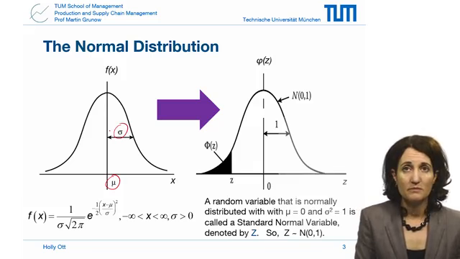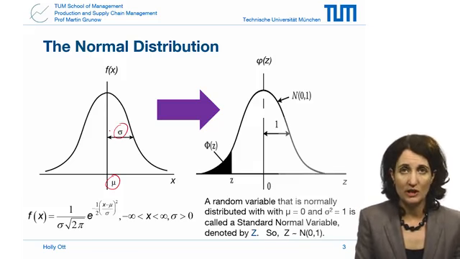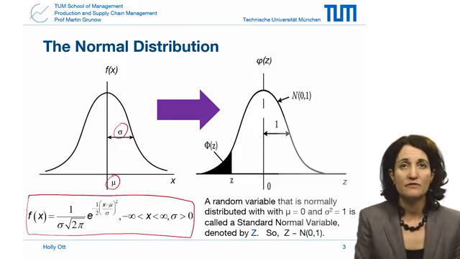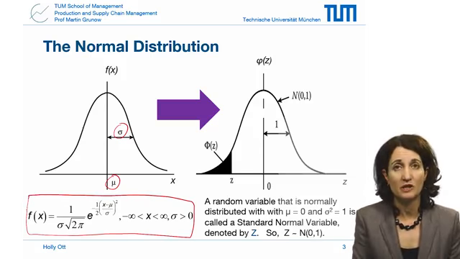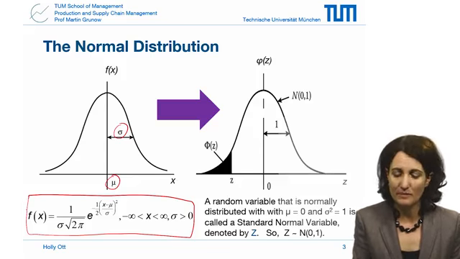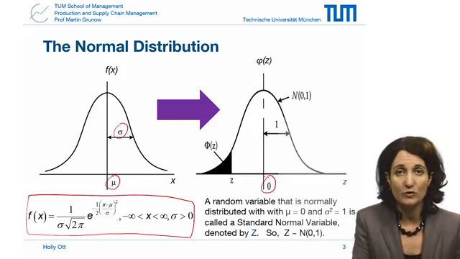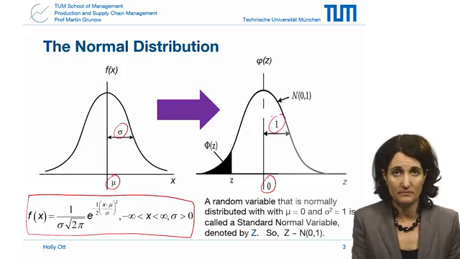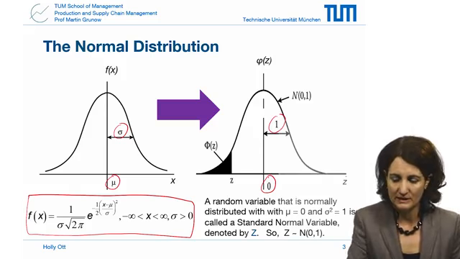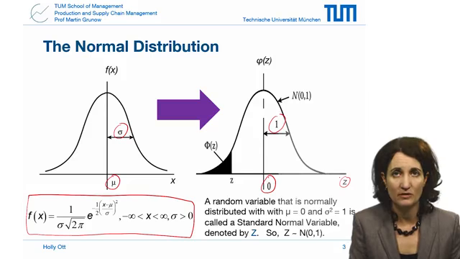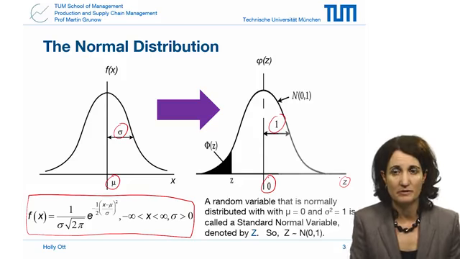The function that describes the normal distribution can be integrated to find the probability that our random variable occurs between 2 points, and we can simplify that by using our standard normal variable, which is a variable normally distributed with mean 0 and standard deviation 1. This is denoted by the little z. And we can look up those values to find probabilities under our curve in the standard normal tables.